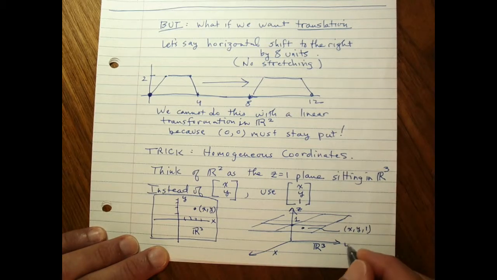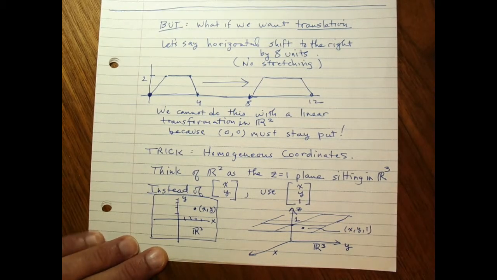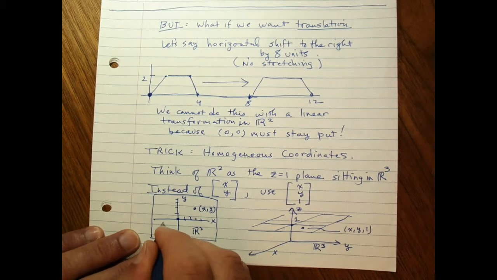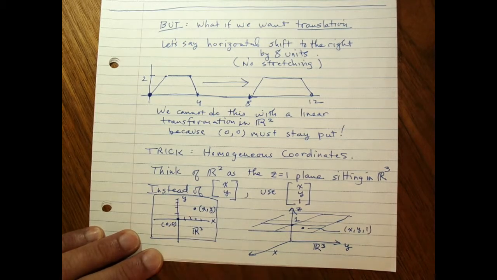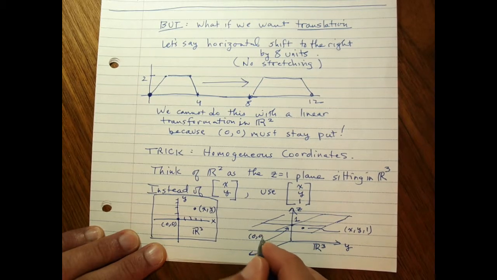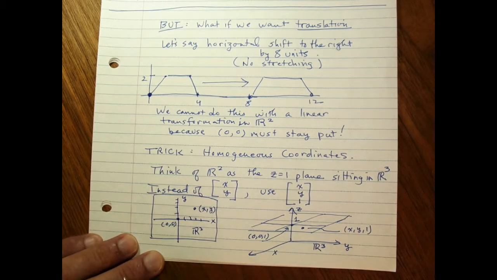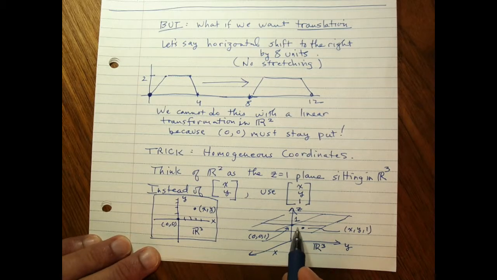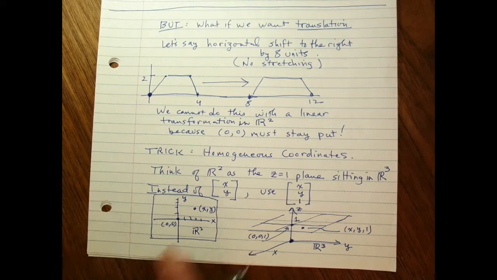There's my x-axis and y. Our (0, 0) point becomes the point (0, 0, 1). A linear transformation in R3 can move (0, 0, 1) because that's not the origin. The origin's down here at (0, 0, 0).